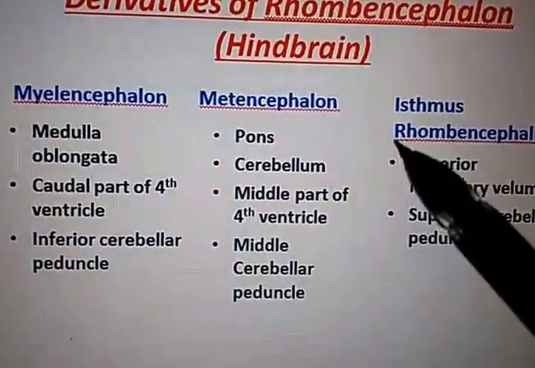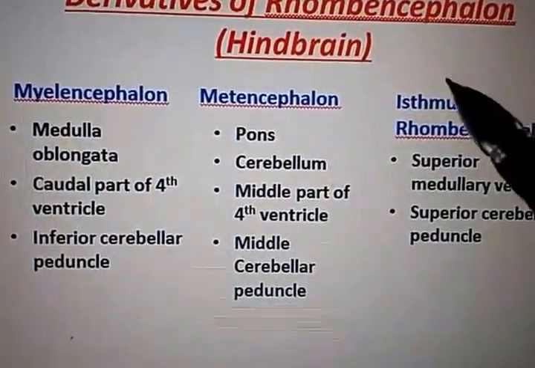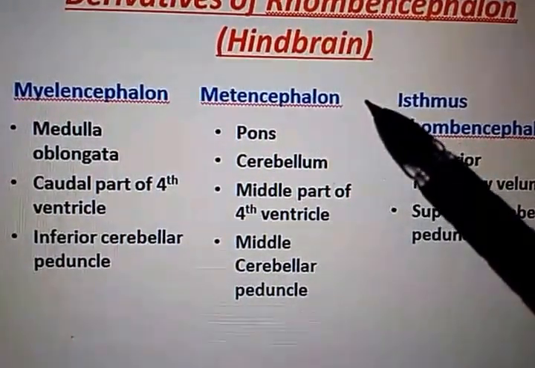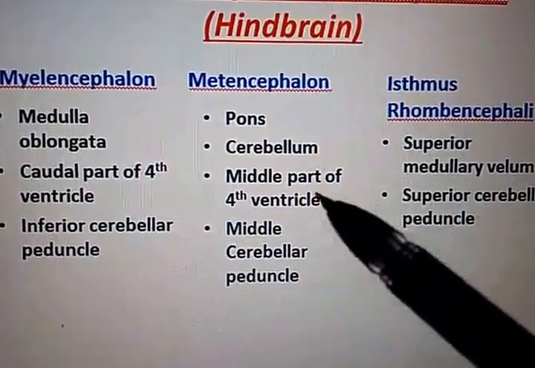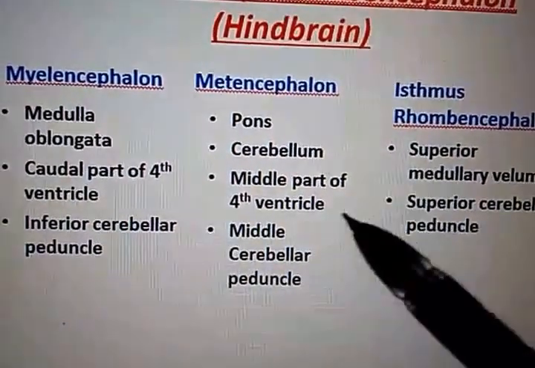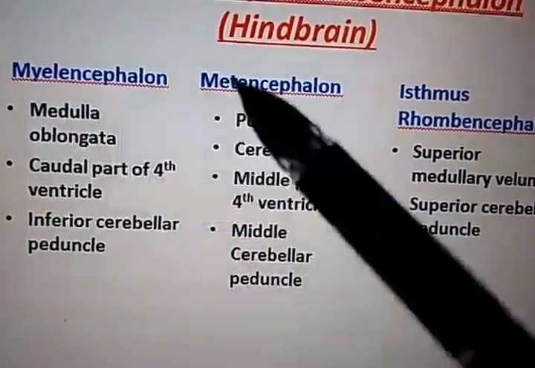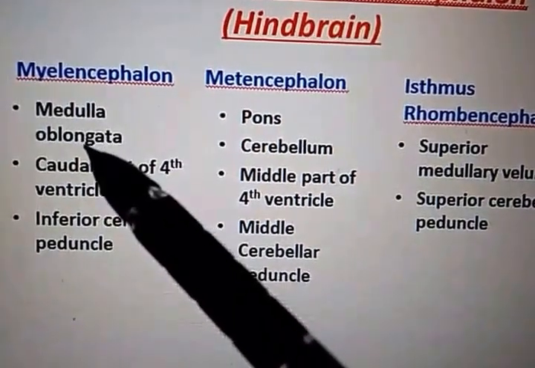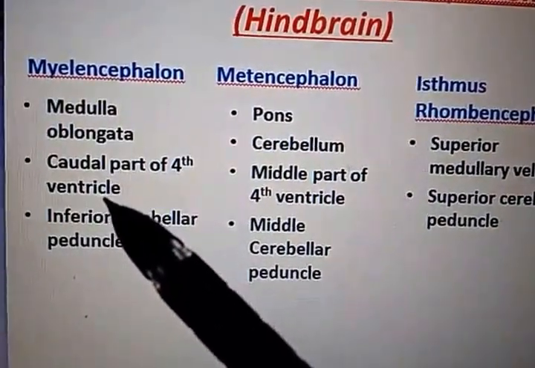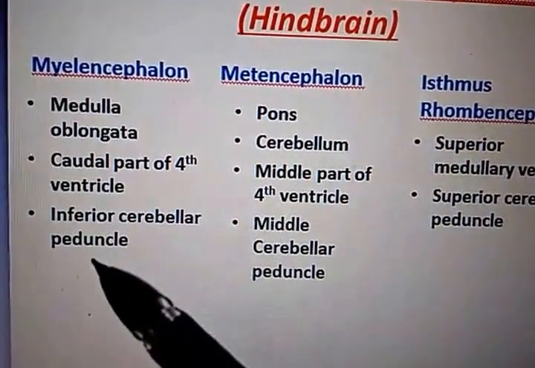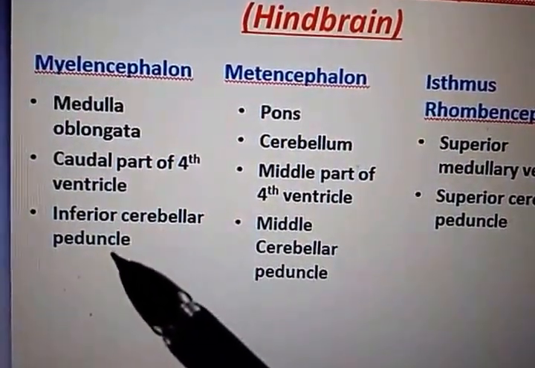Third is the derivative of rhombencephalon or the hindbrain. Okay, so according to Gray's 41st edition, there are three parts instead of two. One is myelencephalon, which forms the medulla oblongata, along with the caudal part of fourth ventricle and inferior cerebellar peduncle.